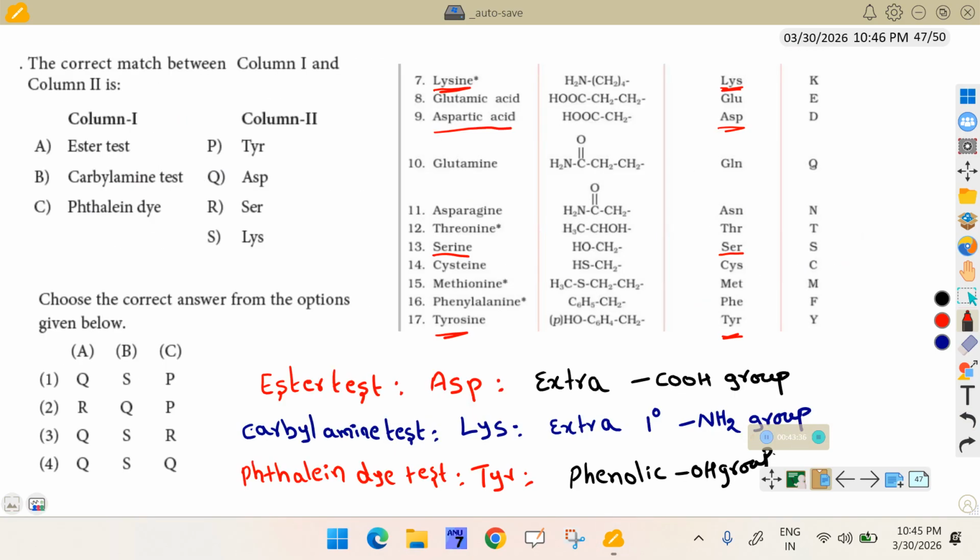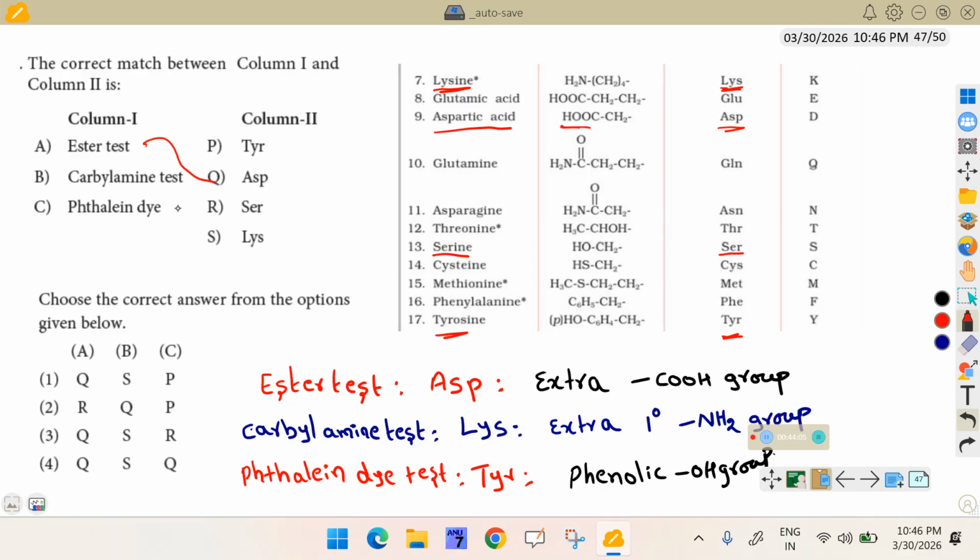The correct match between column 1 and column 2. Ester test gives ASP. ASP means aspartic acid, where an extra COOH group is present. Carboxylic acids react with alcohol, then they give esters.